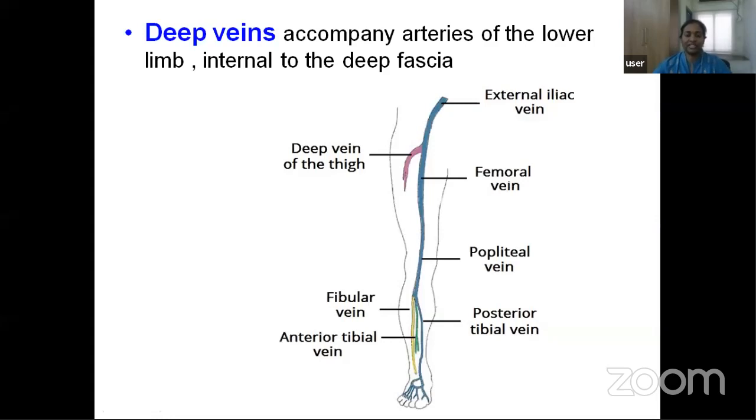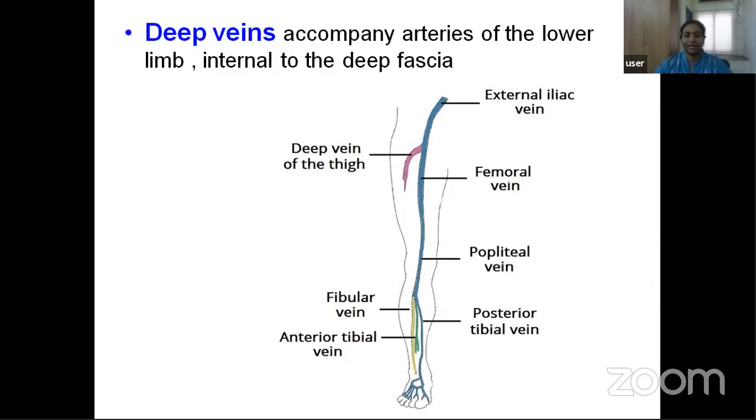So first we are going to discuss the deep veins. Like in the upper limb, even in the lower limb, the deep veins are present along with the arteries, deep to the deep fascia, within the muscles. In the lower limb, the external iliac artery continues as the femoral artery, and the popliteal artery divides into anterior and posterior tibial arteries.